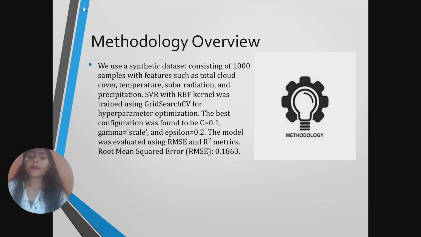The best parameters are C equal to 0.1, gamma is scale, and epsilon is 0.2.